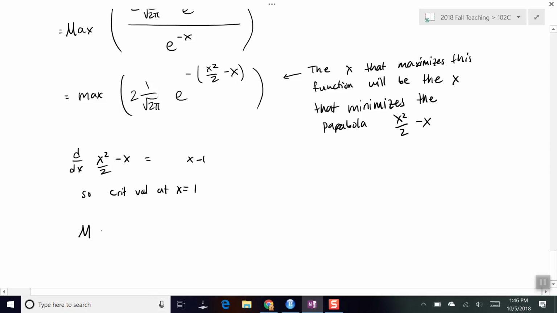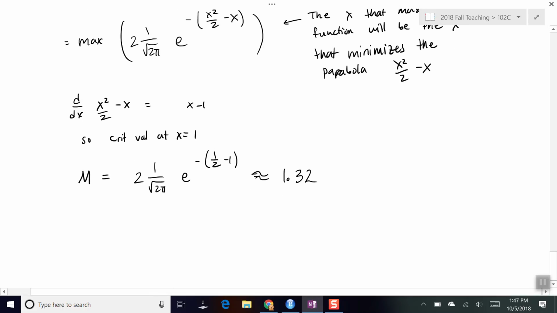Okay, so m is going to be equal to 2 times 1 over root 2 pi e to the negative 1/2 minus 1, and this we get something around 1.32. So that's going to be my m.